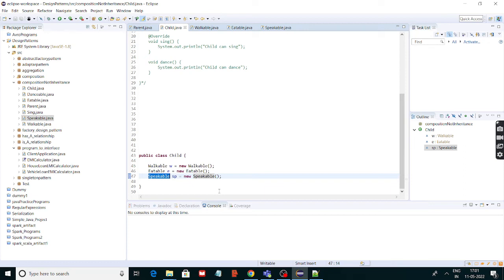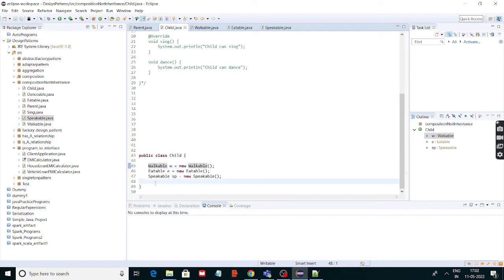Because in inheritance, we have seen that just because parent has acquired some properties, child also adopted those properties, even if the child is not at all interested. But here in composition, it is not the case, because it is not an is-a relationship, it is a has-a relationship. Here it independently acquired certain properties like walking, eating, and speaking.